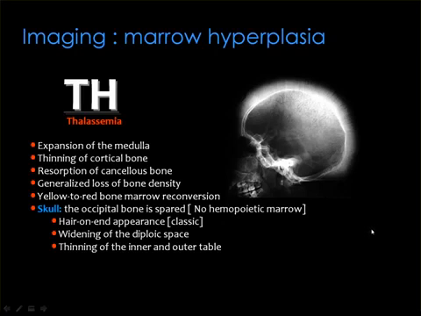Most of the hemolytic anemias, including the thalassemia, will present on imaging by the changes due to marrow hyperplasia. Marrow hyperplasia means that the bone marrow is hyperplastic, increasing in size, and this will result radiologically in expansion of the medullary cavity of the bones, with consequent thinning of the cortical bone and resorption of the cancellous bone.